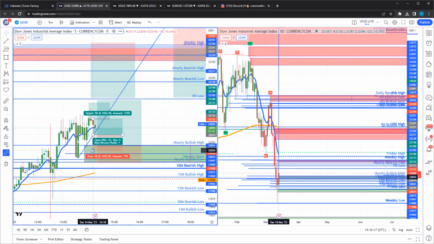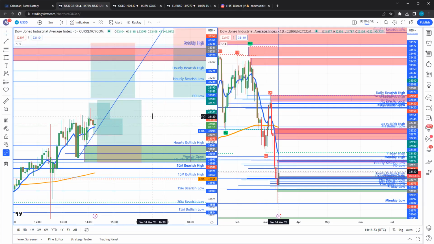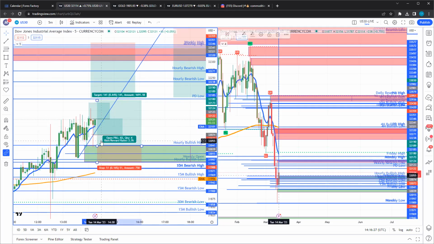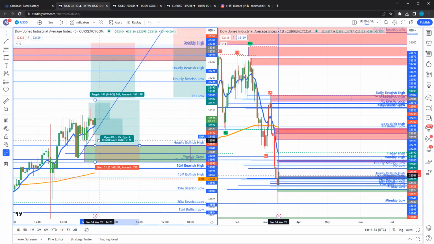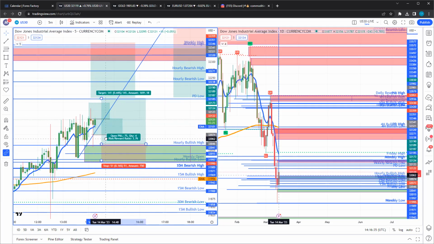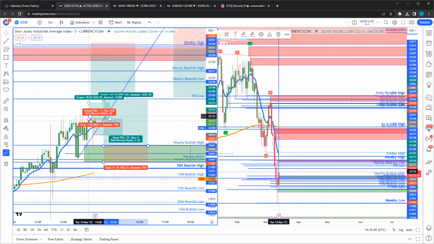Right now, even this trade, if you entered with me on impulse, should be at break even. You should be up like 30 points. So whether you entered on break even, or entered this trade down here on impulse, even better, right? Remember, if price ever goes against you like this, don't worry about it. We've been waiting on this trade this whole time, and price went against us this whole time.